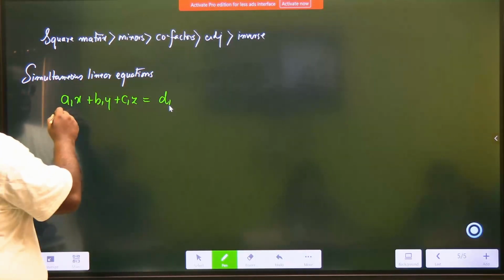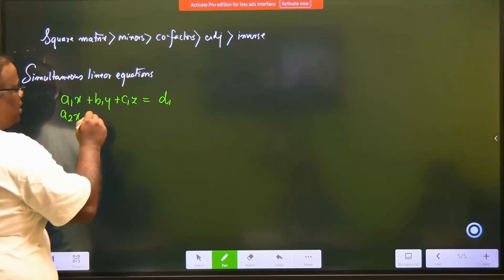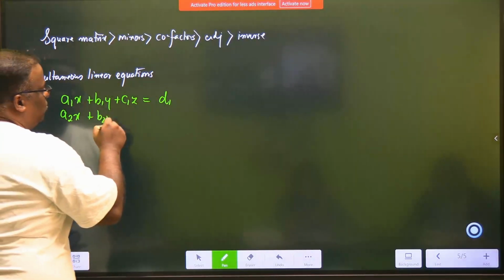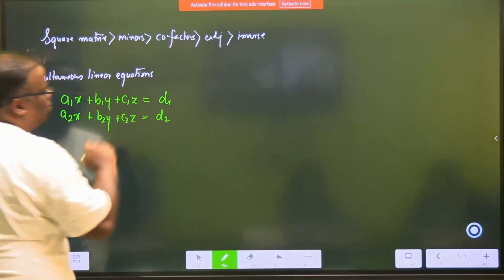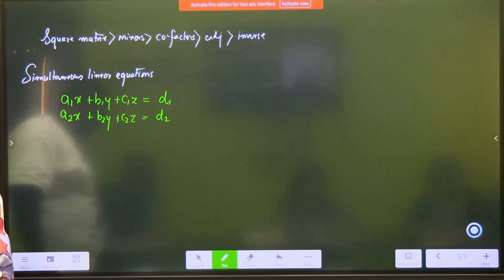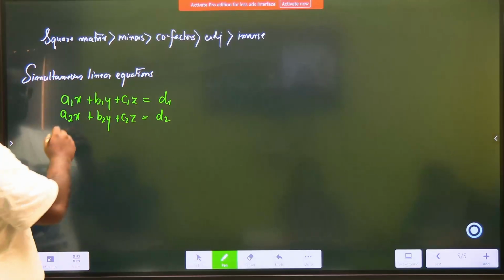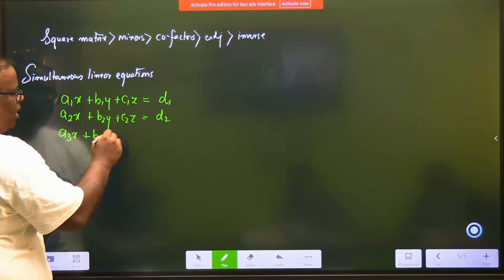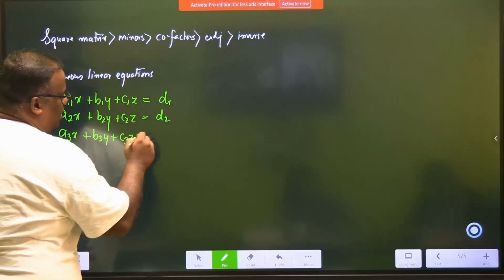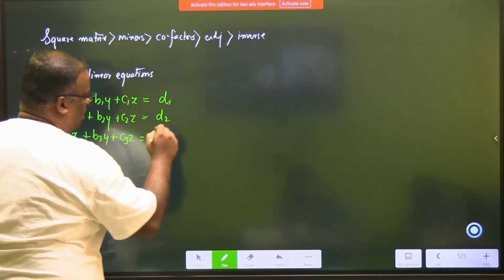My next equation is, this is the maximum that you can get, a2x plus b2y plus c2z is equal to d2. Third equation is a3x plus b3y plus c3z is equal to d3.